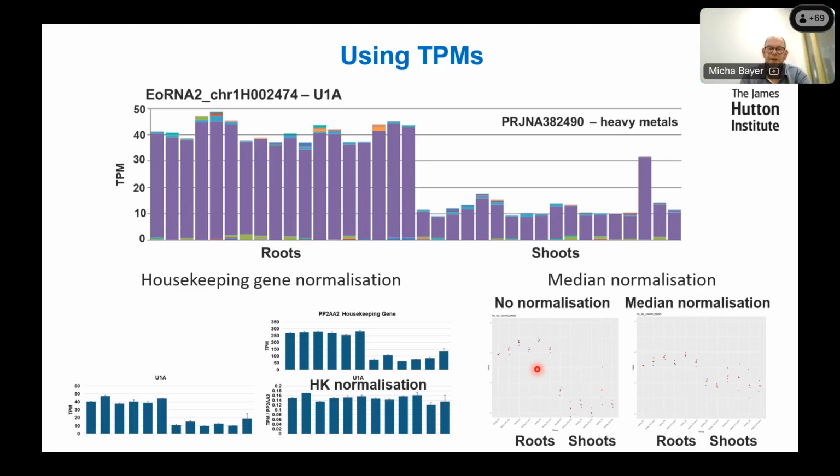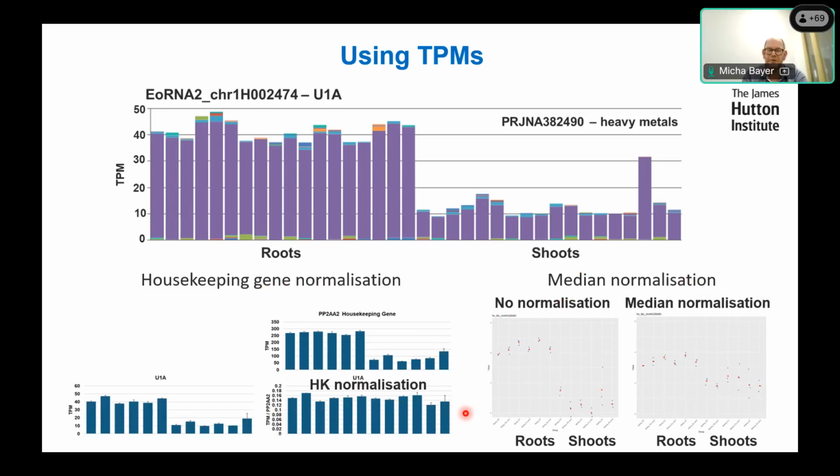You can deal with it in different ways. One is to use housekeeping gene normalizations, and the other is to maybe use median normalization. So you could use these to generate data that is much more consistent across all the samples that you're looking at. But again, we are not doing that here with EORNA2.